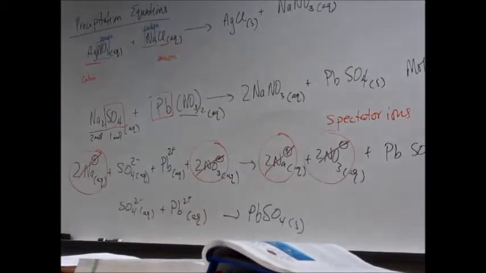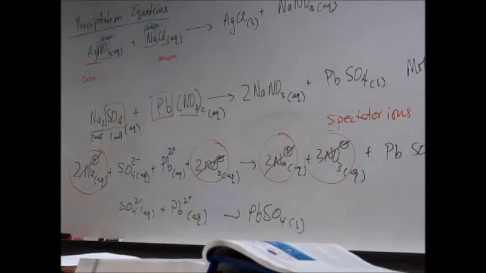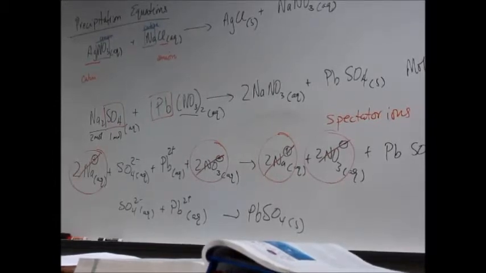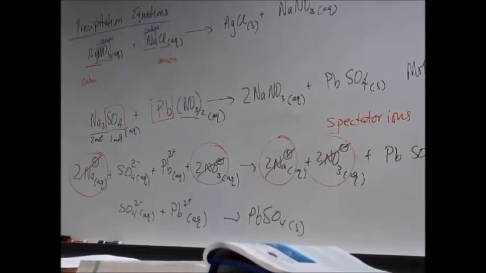And spectator ions mean that they are still there in solution, they're just not doing anything. Any questions? Yes? On the ionic equation, you can separate the lead sulfate? You can't separate it because it's a solid. Yes, you will separate only things that are ionic. Okay.